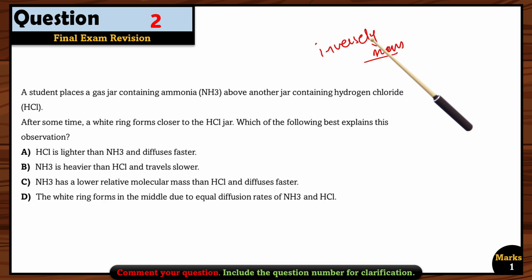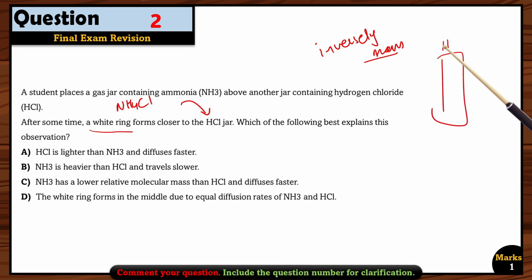And if you see here, the white ring is the ring of ammonium chloride, because whenever ammonia and HCl react, you get ammonium chloride. So the ring is formed near the HCl jar. What does it explain? It explains that HCl moves a little. If you have HCl here and ammonia here, and you get a ring near the HCl, it means HCl travels little whereas ammonia travels more.